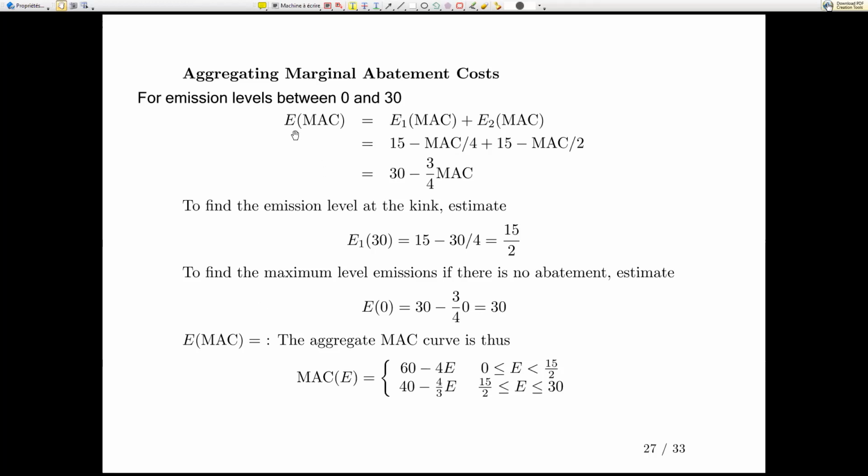Rather than having E as a function of MAC, we re-express MAC as a function of emissions. This section is good for 0 to 15/2, and that section is good for emissions between 15/2 and 30. Does that make sense?